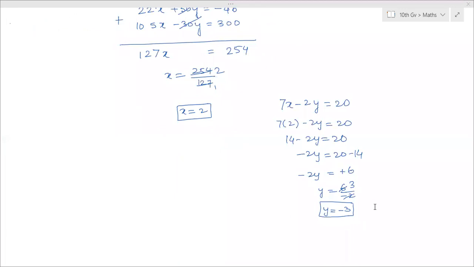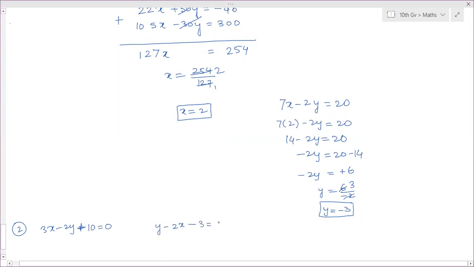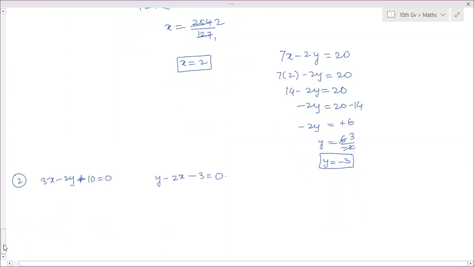Now solve the second question. Ma'am, x is minus 1 and y is 1. Okay. Then do this third one.